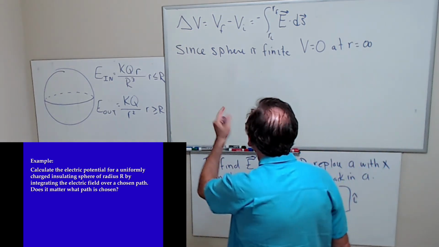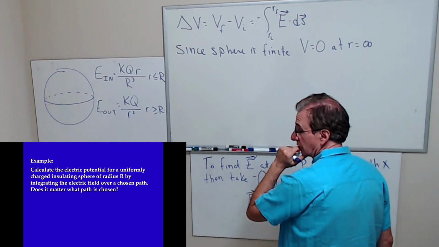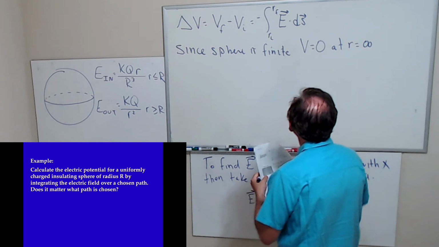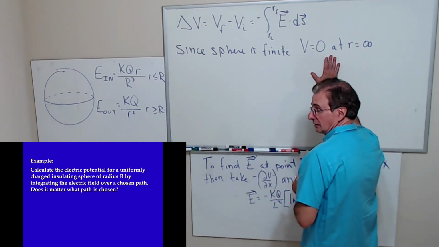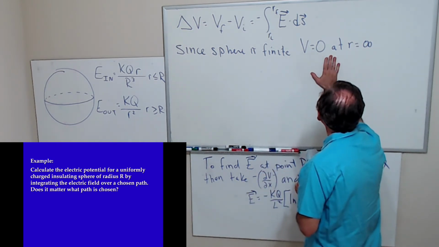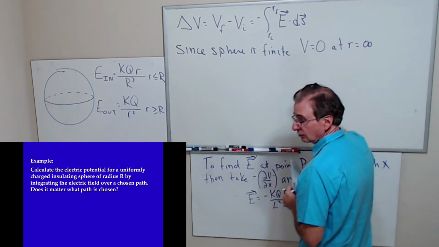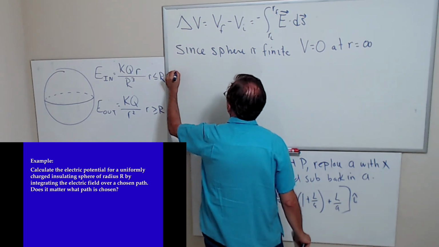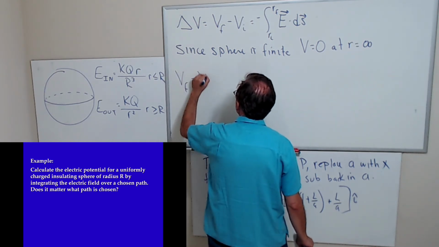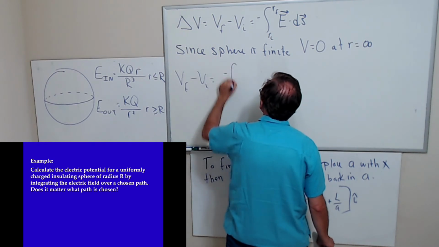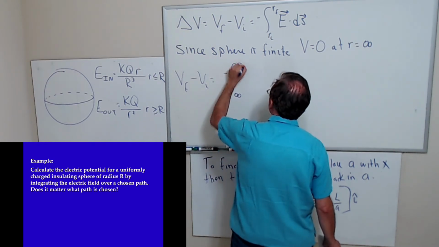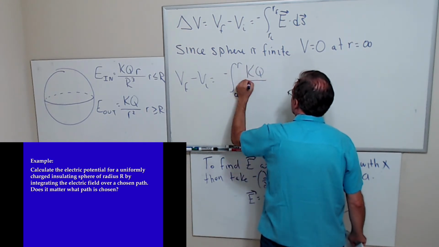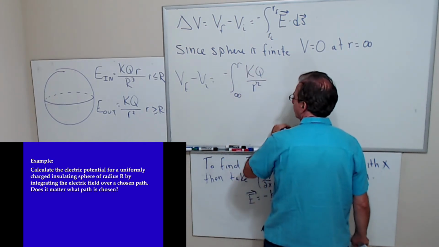So really, I know the electric field, I know the electric potential is going to be 0 at r equals infinity. So I know that. And so what I'm going to do is say V final minus V initial is equal to minus the integral from infinity to some point in space r of the electric field, E dot ds, on these primes here.